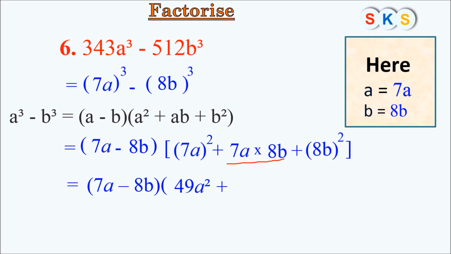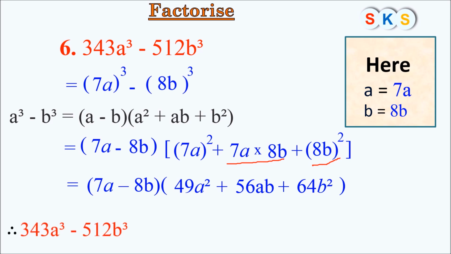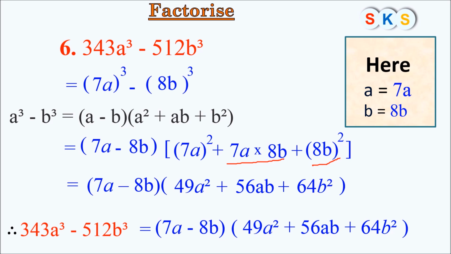So 7 8s is 56 and a into b is ab. So we will get 56ab plus, now the next one is 8b the whole square, and 8b the whole square means 8b into 8b, that would be 64b square. Close the bracket. Now you can see that both brackets cannot be simplified further, therefore 343a cube minus 512b raised to 3 is equals to 7a minus 8b.